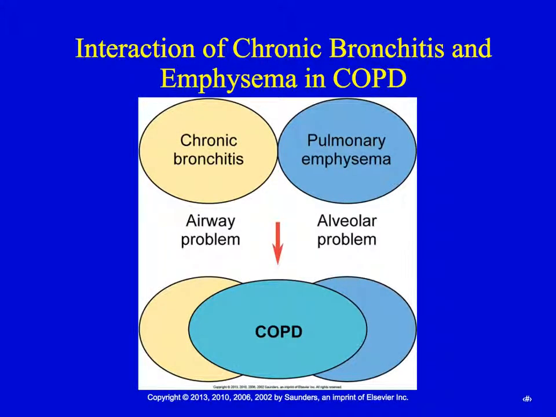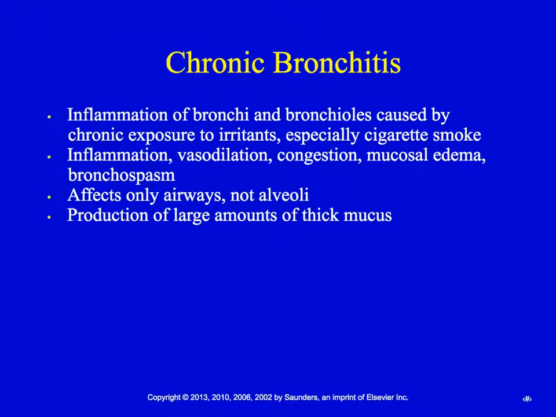Just a visual slide to differentiate chronic bronchitis and pulmonary emphysema. So I feel like Heather described this all very well, and just that inflammation of the bronchi. And she talked about every time you inhale on a cigarette, how it is an irritant, and the body has an inflammatory response to it. Same thing happens with other irritants as well. If it's somebody who works in a factory that has a lot of irritants in the air, it's the same thing when they inhale that.